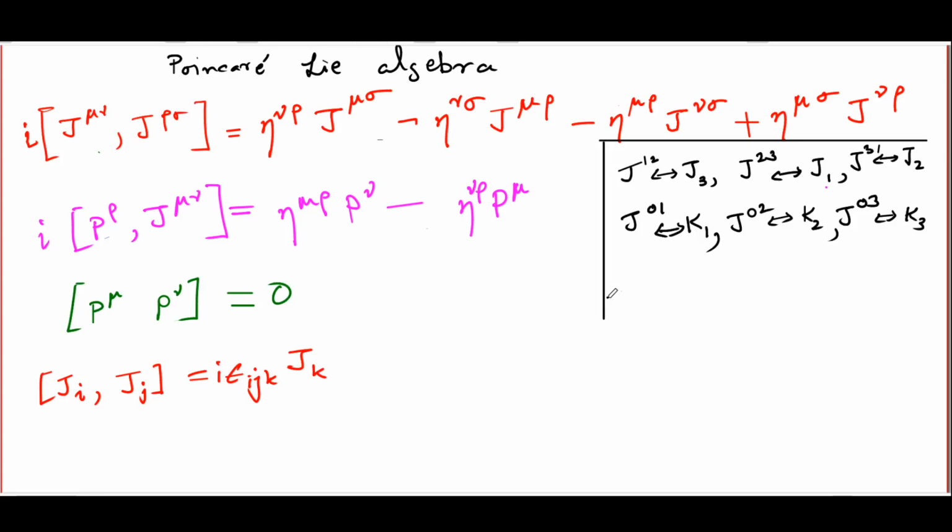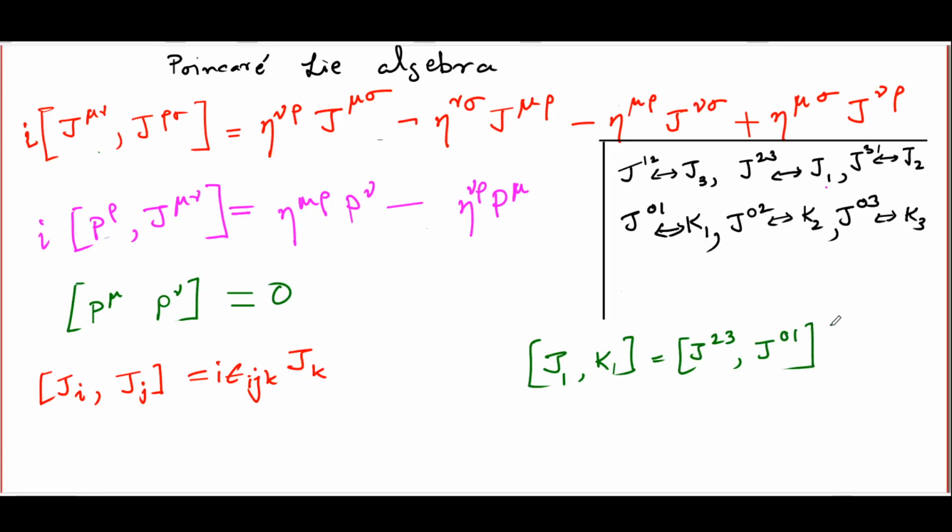So these are basically Lorentz boosts. So what kind of commutation relations do Ji and Kj obey among each other? So let's try working one of them out. Let's say J1 with K1. Now J1 of course is J23 and K1 is J01.